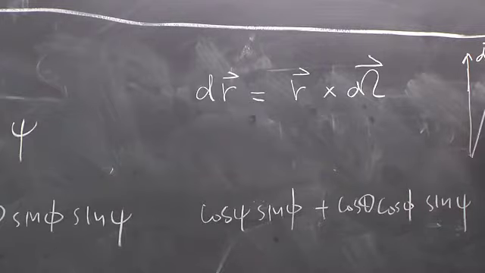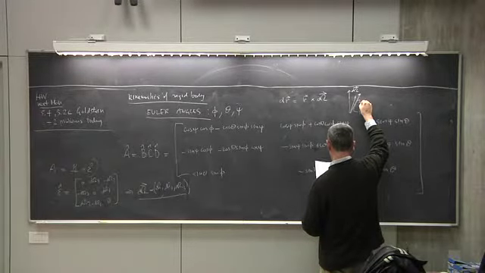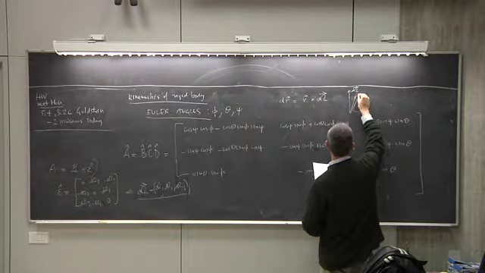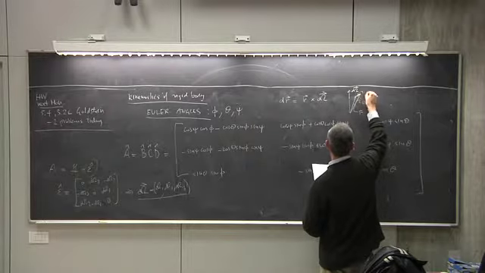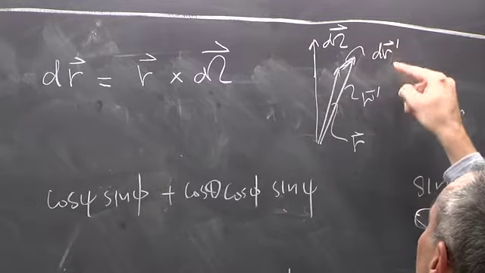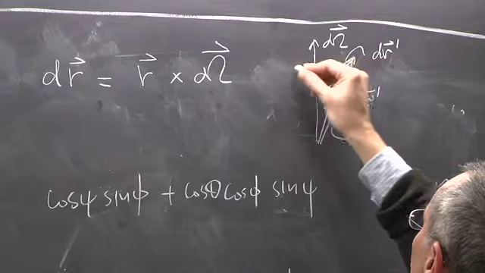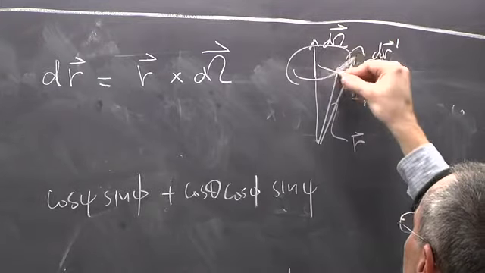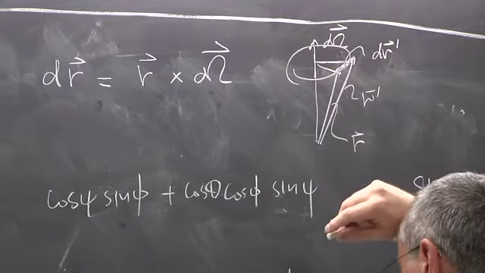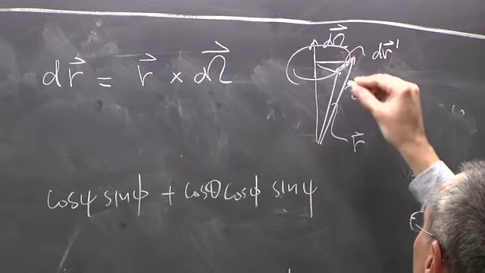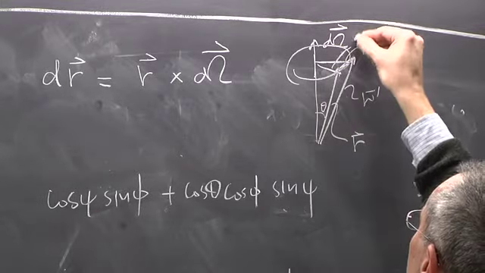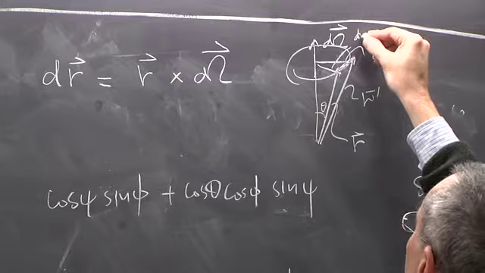Then if you have an infinitesimal rotation of your vector r, so this is r, and this is the new r prime, and this is the infinitesimal dr prime. So dr prime is defined this way, where this angle is theta, and this is d omega.